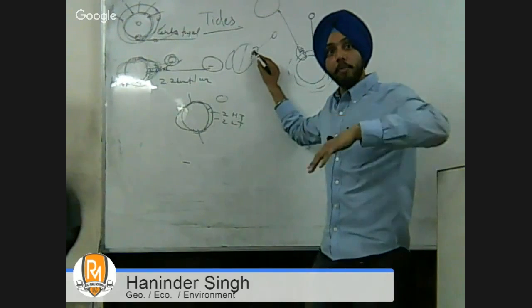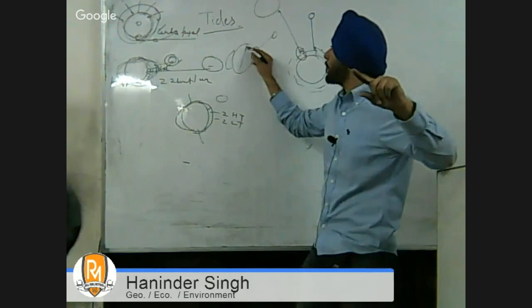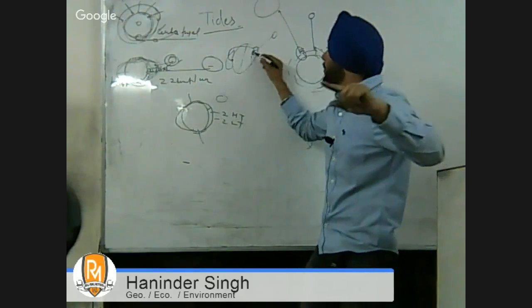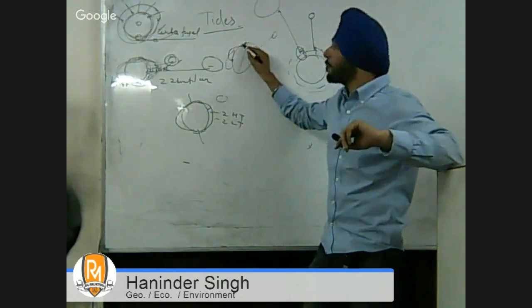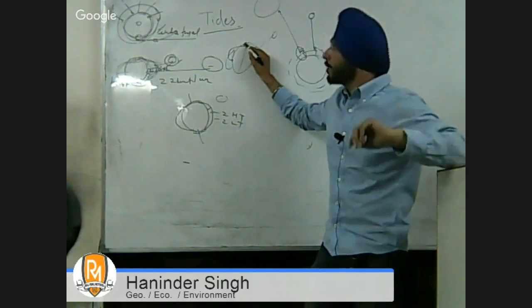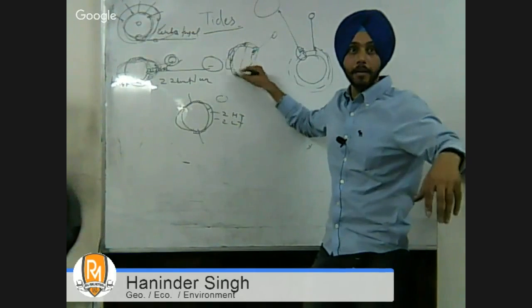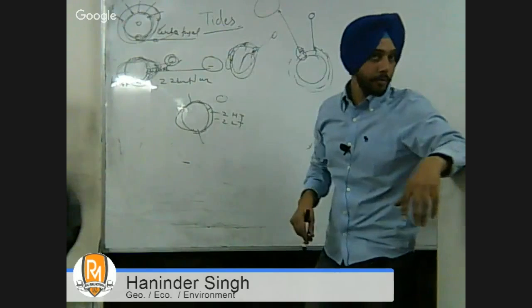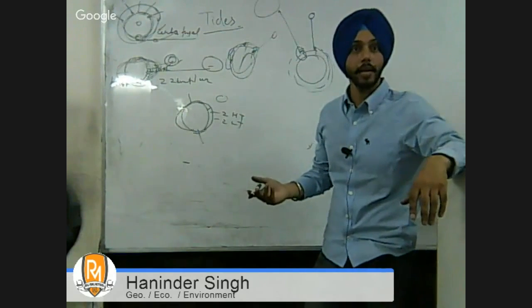But in Bombay you also see low tide. Why does it happen? Because Bombay rotates to here. That's why Bombay is now in a low tide area. When Bombay comes here, then it becomes again a high tide area.